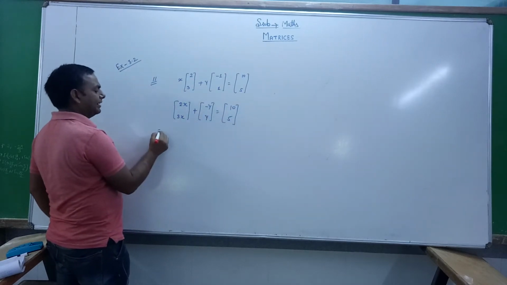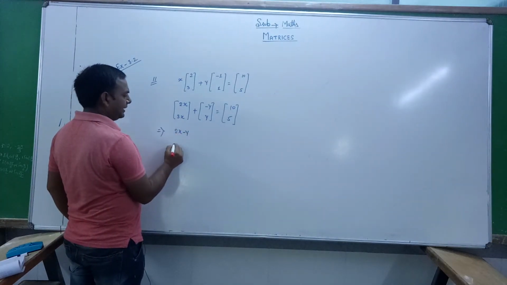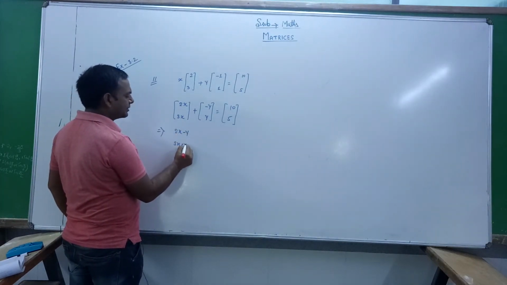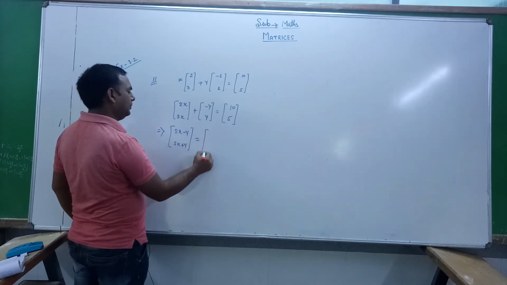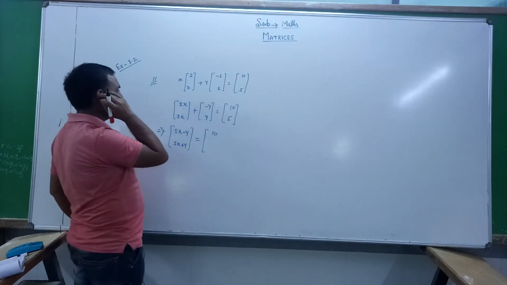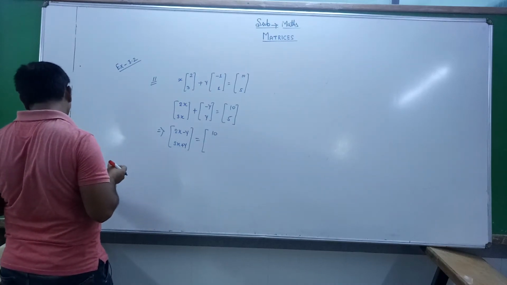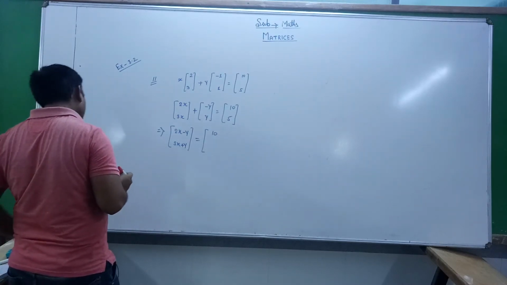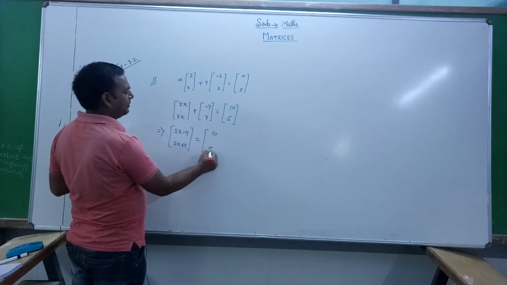Then adding, we get 2x minus y and 3x plus y, that is equal to 10 and 5.